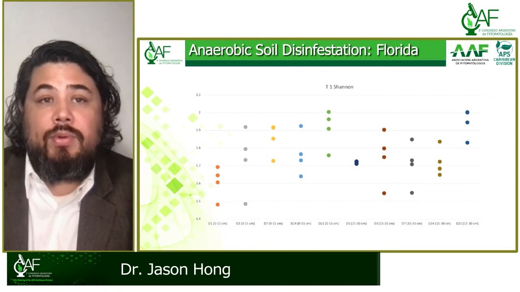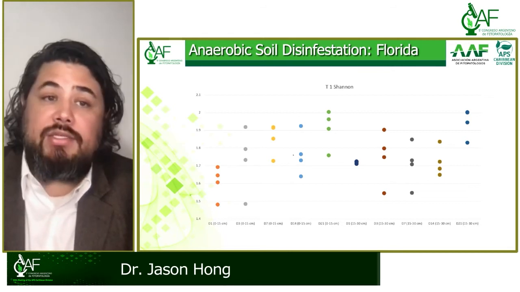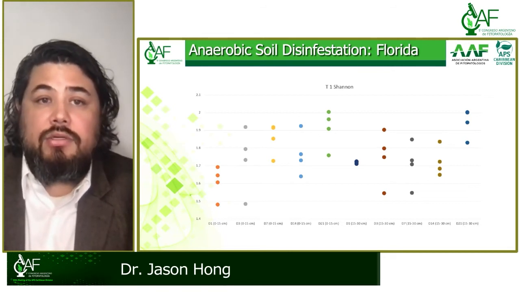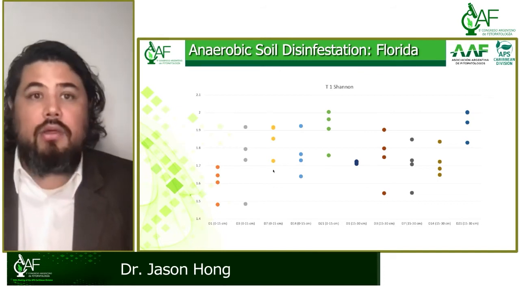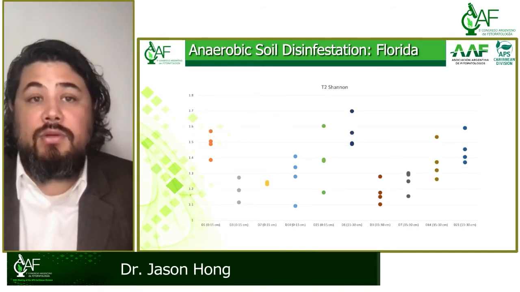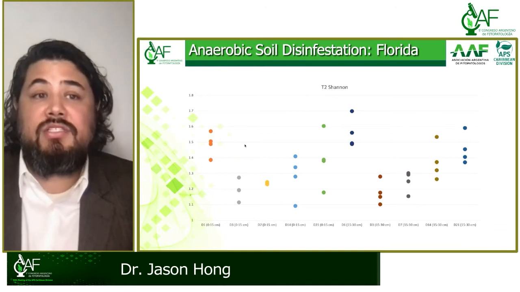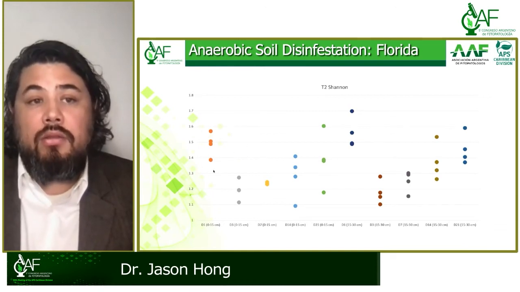And this is treatment 1, which had 0 molasses. The biodiversity changed, but it was not as drastic compared to treatment 2, which is our standard rate. The biodiversity dropped, and then it slowly increased during the time period.